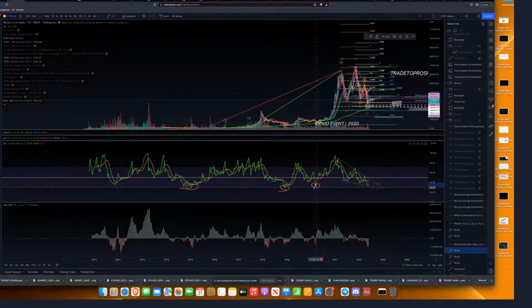This one's the COVID scenario. So we might just hit that orange moving average for the RSI. We might get to that level or this band and then just drop again. And somewhere there, we might do a breakout. So those are the scenarios that we're looking at on a weekly basis.